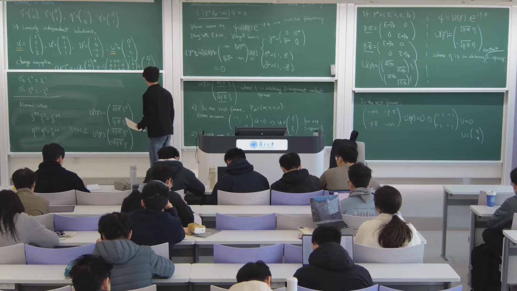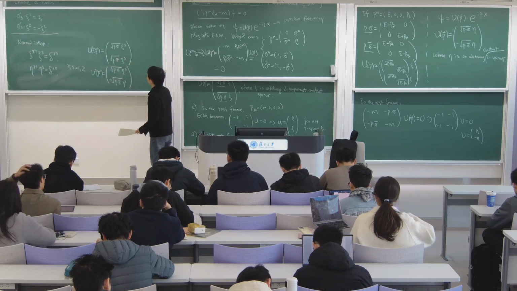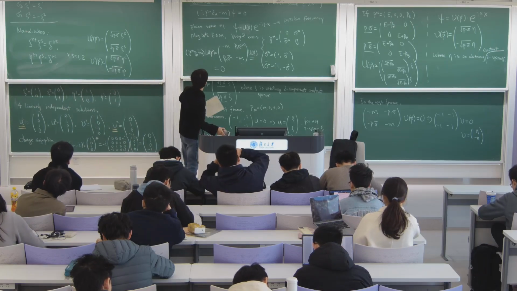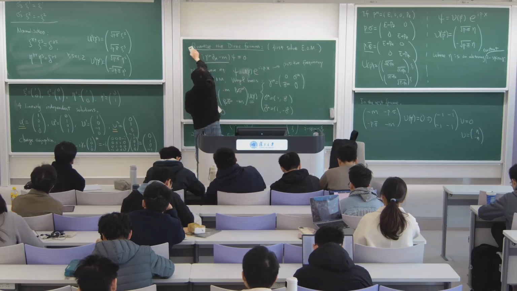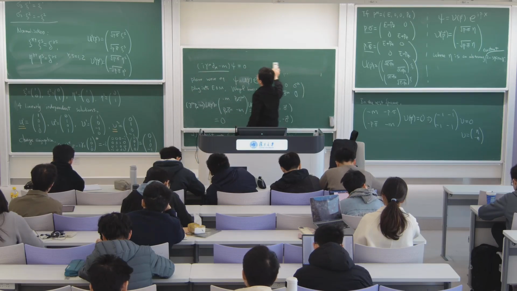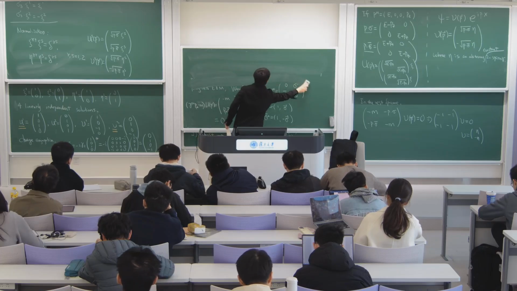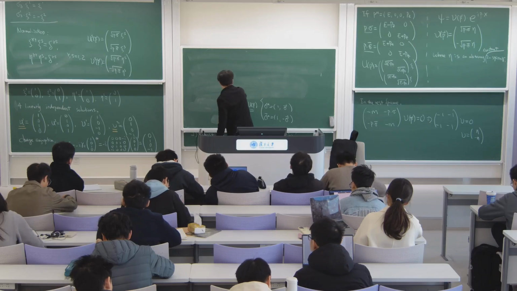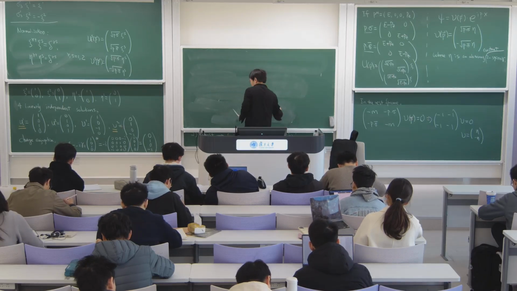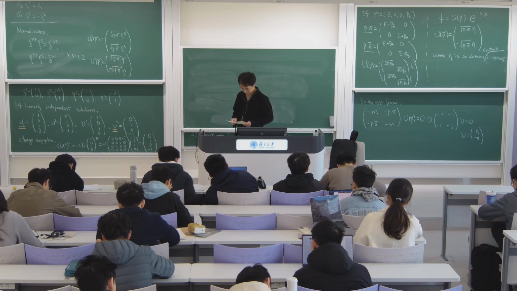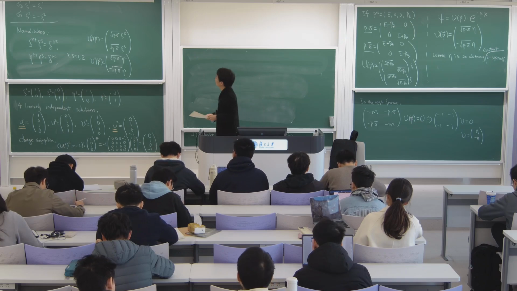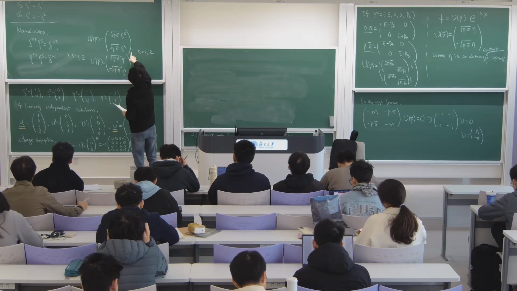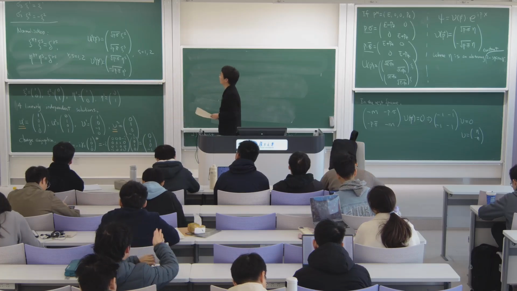Then I can also compute the relation for U or V. Okay, for U or V. Since these are two independent solutions, in this case S equals 1 or 2. These are the two independent solutions.